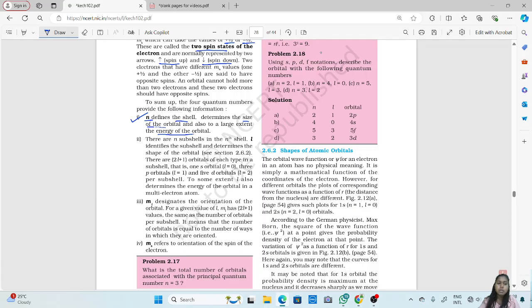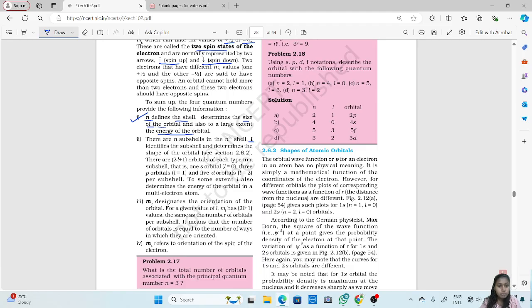There are n subshells in the nth shell, that is, there are various subshells within one shell. That is given by the azimuthal quantum number, so you identify the subshells and determine the shape of the orbital using the azimuthal quantum number.